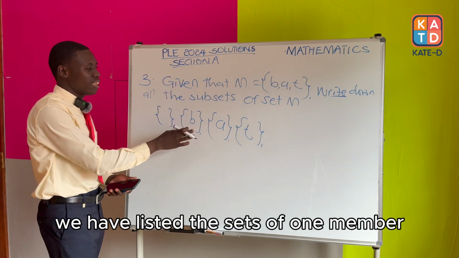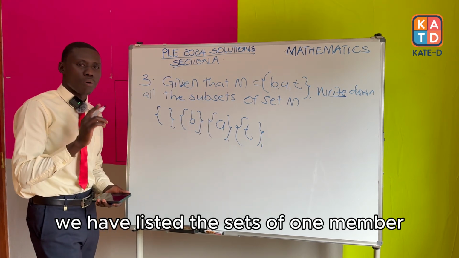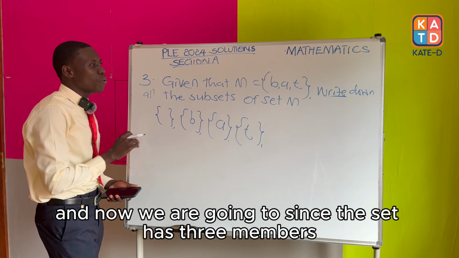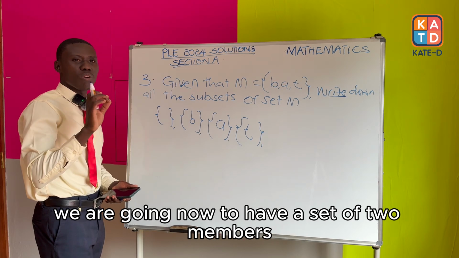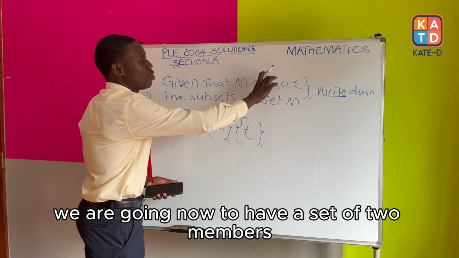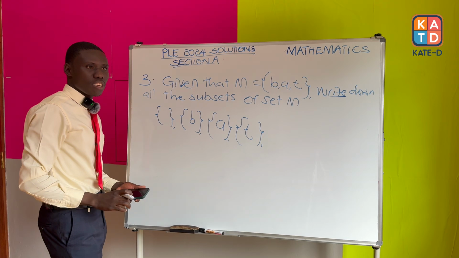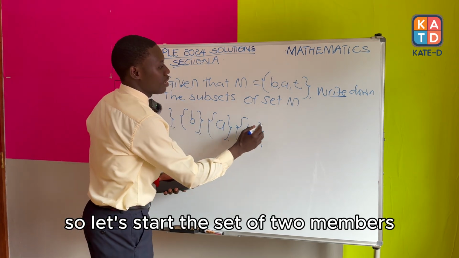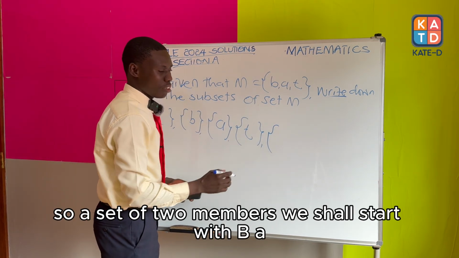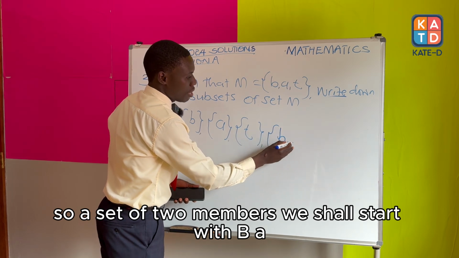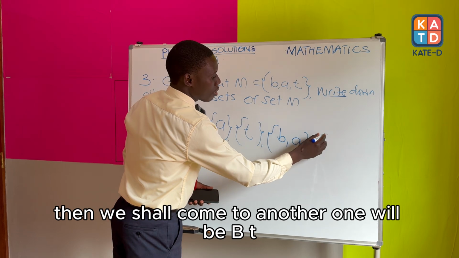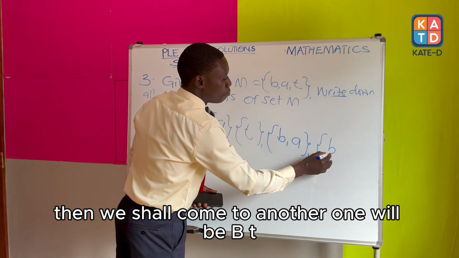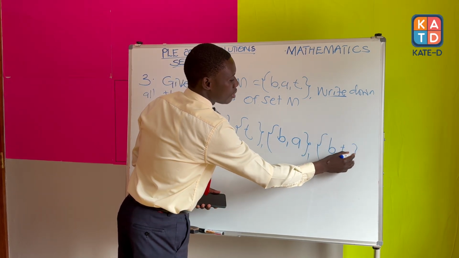Now we have finished listing the empty set and the sets of one member. Since the set has 3 members, we are now going to have sets of 2 members. We start with {B, A}, then {B, T}.